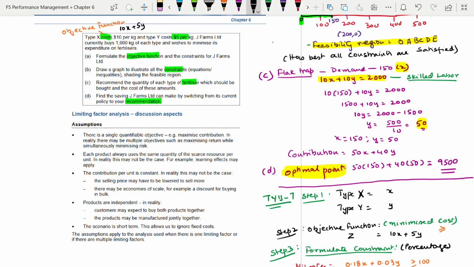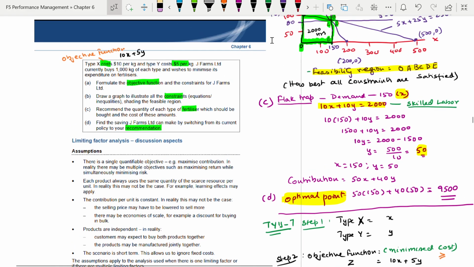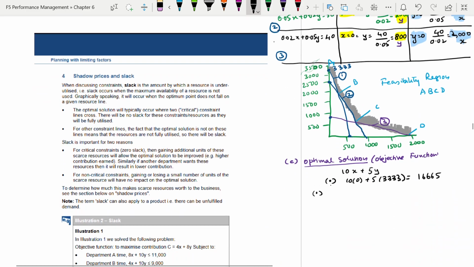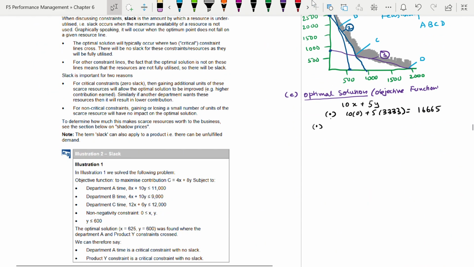In the first case, we have taken the value of x as 0 and the value of y as 3333. This much amount we have with us, 16,665.